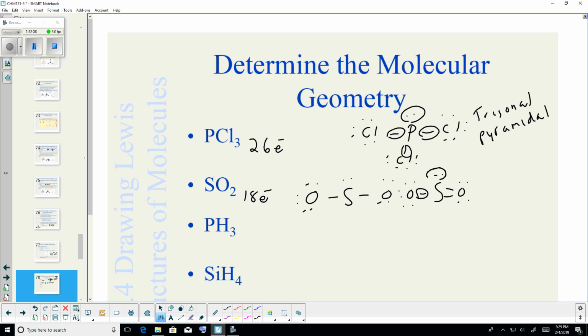This counts as 2. This whole thing counts as 3. So I have 3 things, 1 lone pair. Its shape is three things around it. So 2 bonded, 1 lone pair, bent.